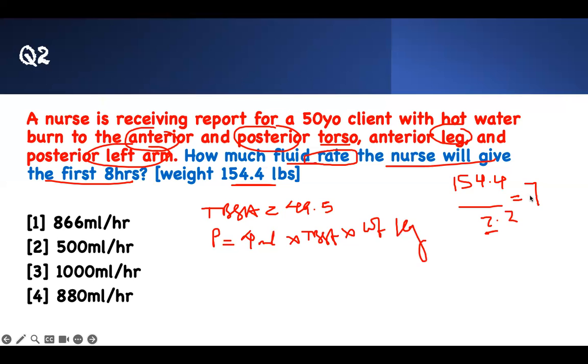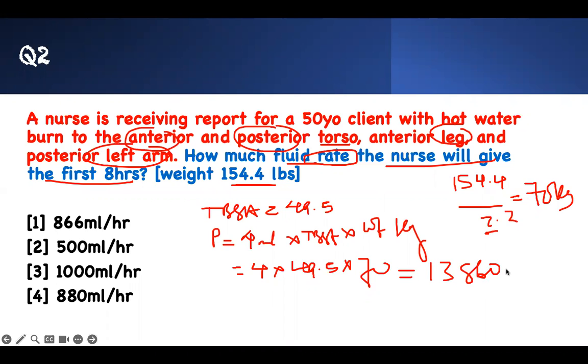Therefore, this is approximately 70 kilos. So we multiply 4 times 49.5, which we already calculated, times 70 kilos. You can calculate it yourself: 13,860, sorry. This is the volume of fluid the patient will need in 24 hours, the whole 24 hours.